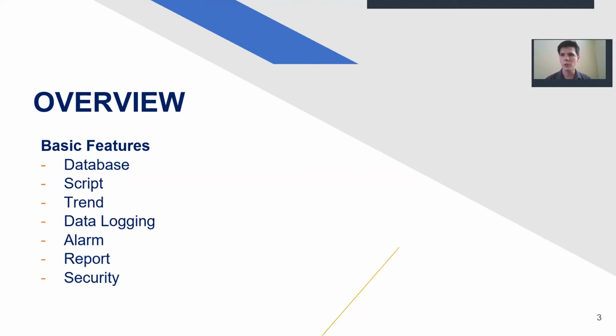Then a cool feature that CIMON has that a lot of others don't is our scripting feature, which is a shining candidate. Then we're going to go over trend, data logging, alarms, the reporting feature, and last but not least, security, and some other miscellaneous objects. But these are the basic features we're going to be covering today.